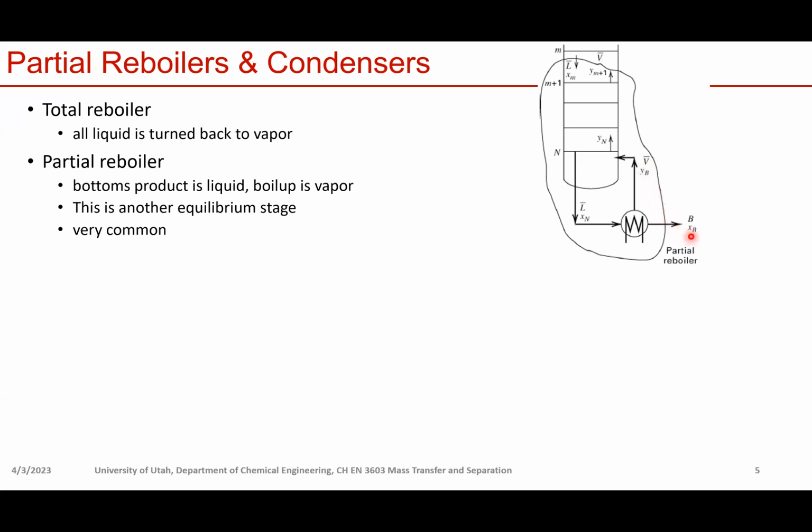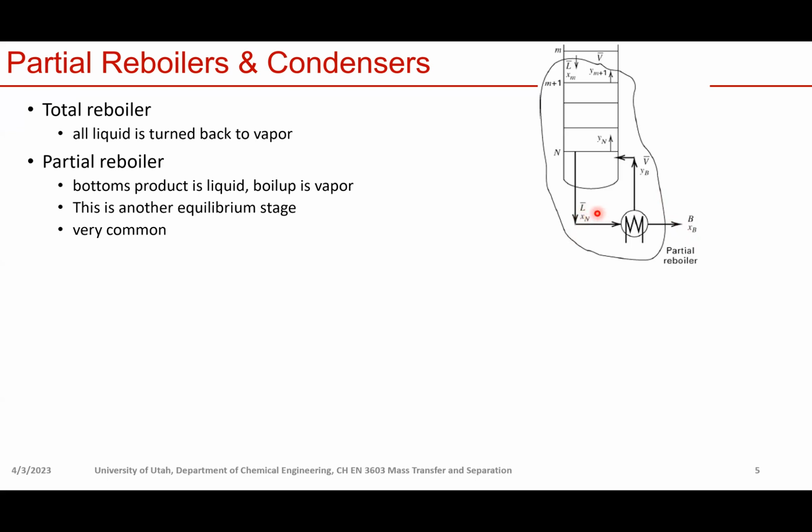They correspond to the composition of a vapor and a liquid phase that are in equilibrium with each other. So YB and XB are not necessarily the same, and they are also not necessarily the same as XN.